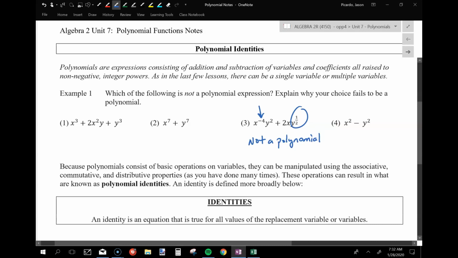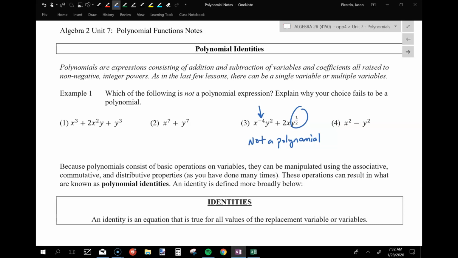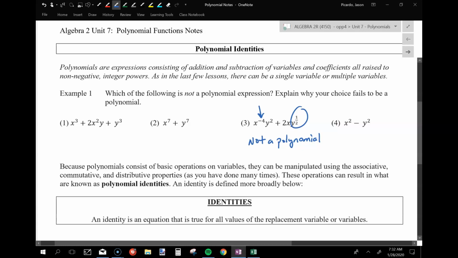And so you're noticing that one of the things that must be a definition for a polynomial is that the powers have to be positive and not fractions. So in the definition, they're all raised to non-negative integers. Integers meaning not fractions.